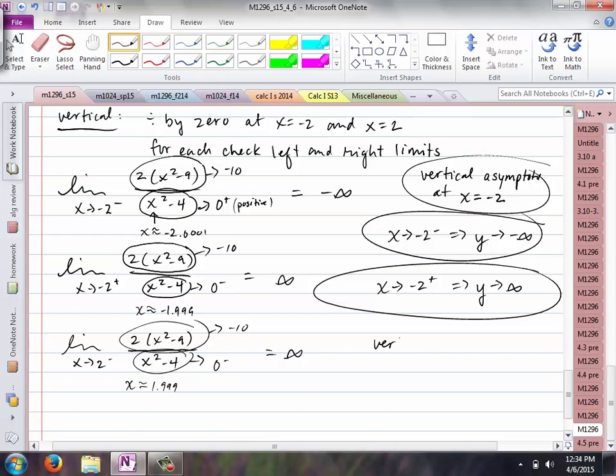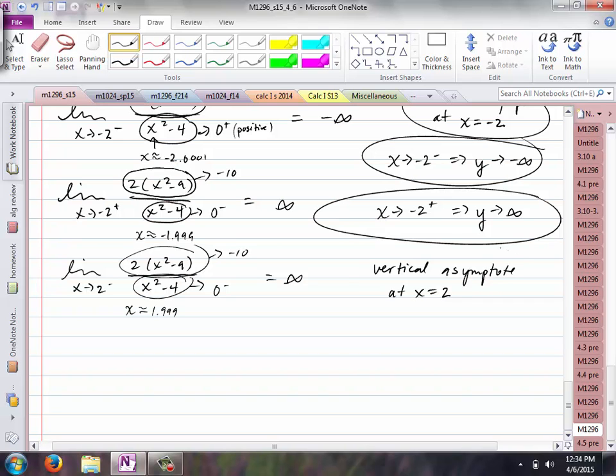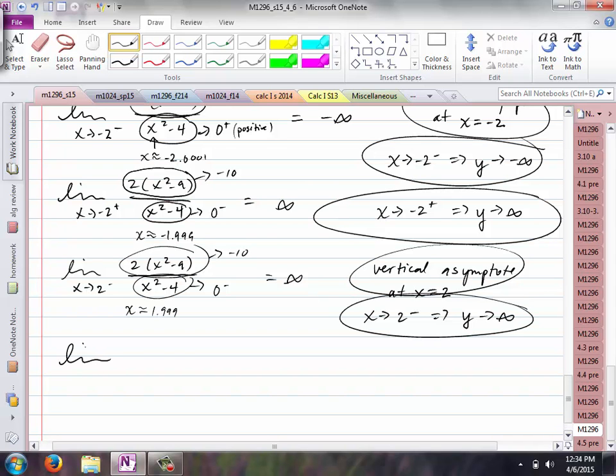So I can note here that I also have a vertical asymptote at x equals 2, that would be implied by the symmetry, but we just kind of did that from scratch there. And then I'm going to put that extra information that as x goes to 2 from the left, then y goes to infinity. One more to go.